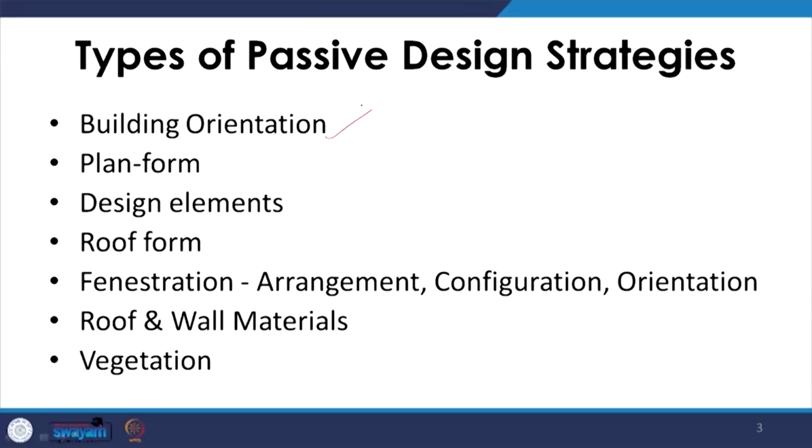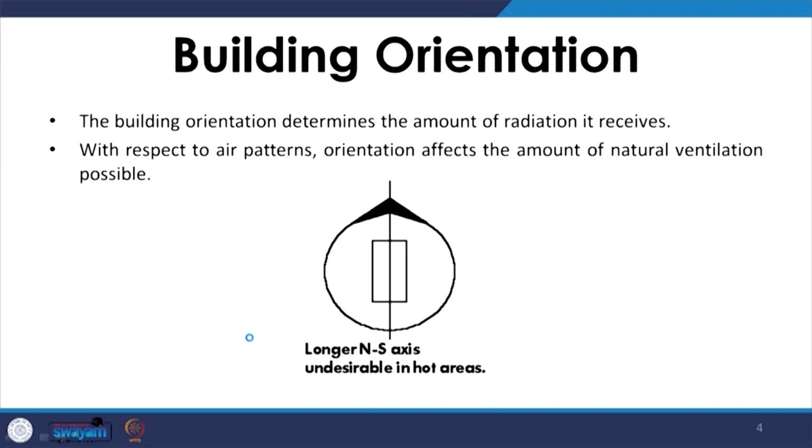The passive design strategies that we are looking at are building orientation, plan form, design elements, roof form, fenestration, where we are talking about arrangement, configuration and orientation, roof and wall materials, and vegetation. Starting with building orientation first.